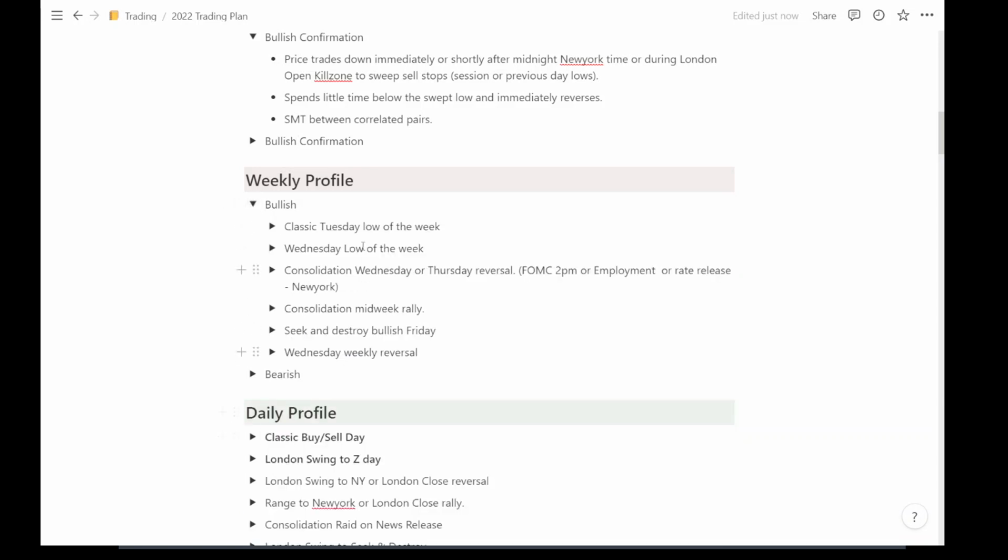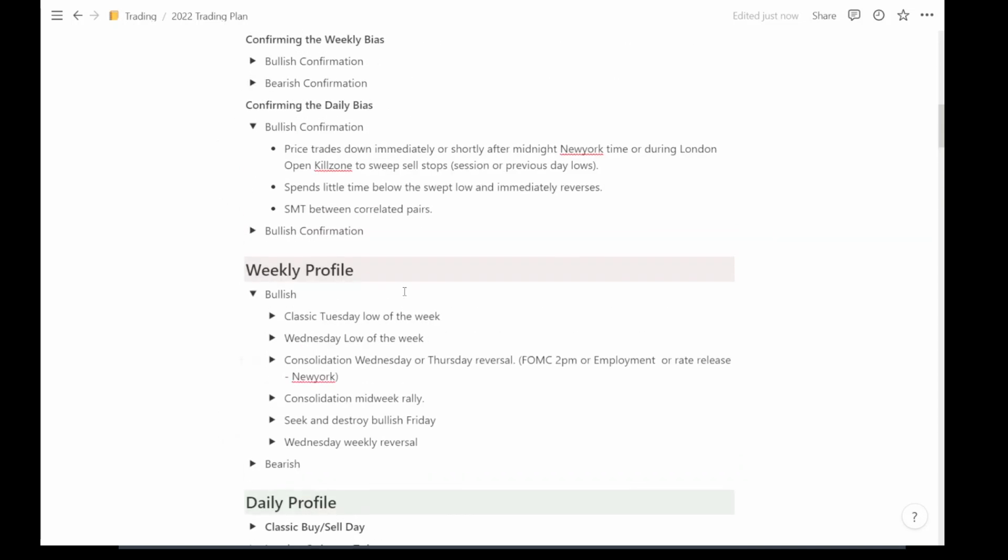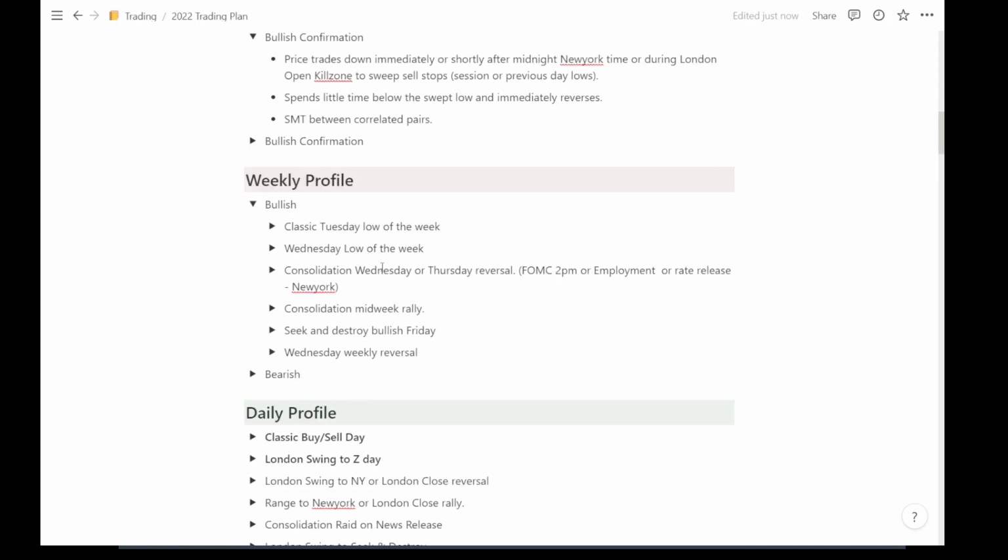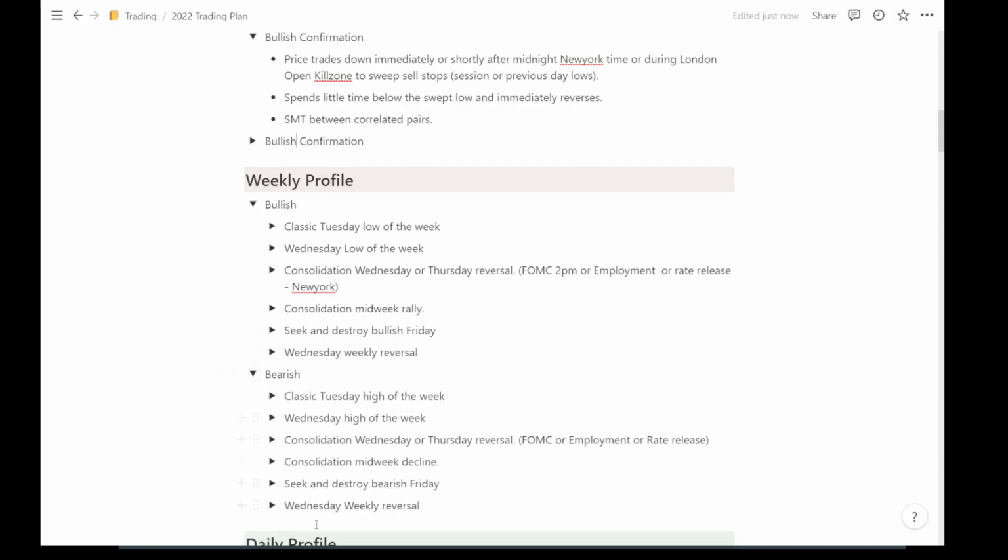So once I arrive at a weekly bias, if we are bullish, I look at the bullish weekly profile. If we are bearish, I look at the bearish weekly profile. So I'll be looking for price to form the high if I'm bearish, and if I'm bullish, I'll be looking for price to form the low of the week.